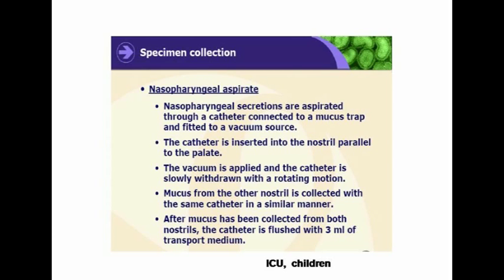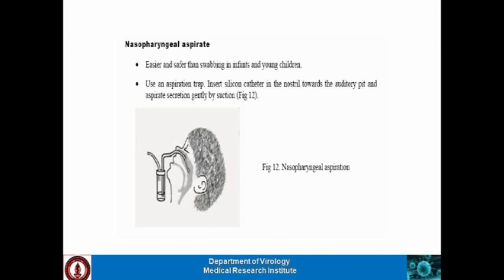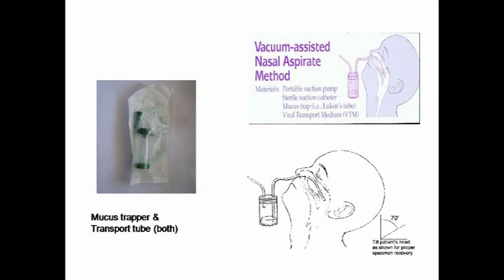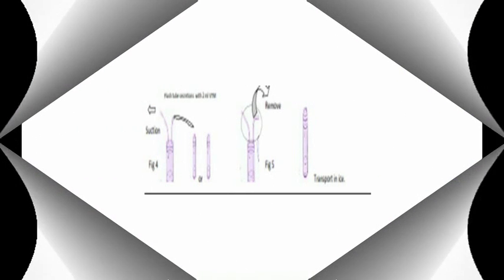In order to obtain that, there is a mucus trapper transporter, which suits the purpose. We have to extend the neck, and before sucking you have to quickly insert it, then switch on the suction and suck the secretions. When the secretions are trapped, you remove the trapper and suck viral transport medium.